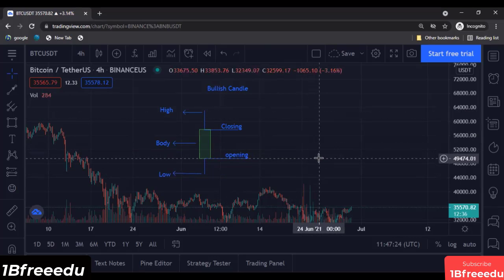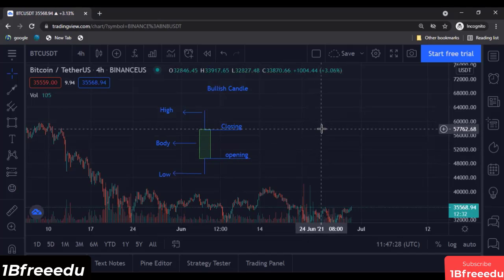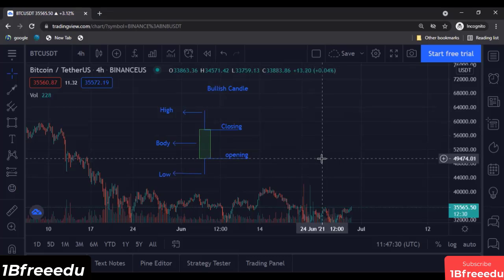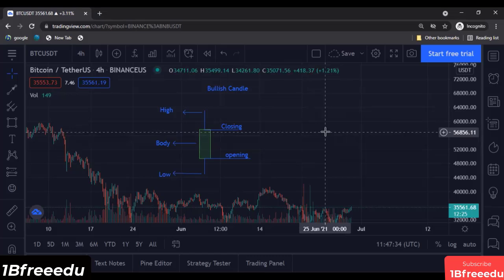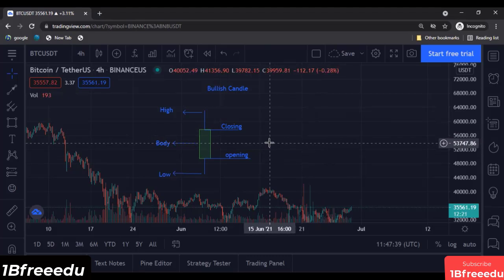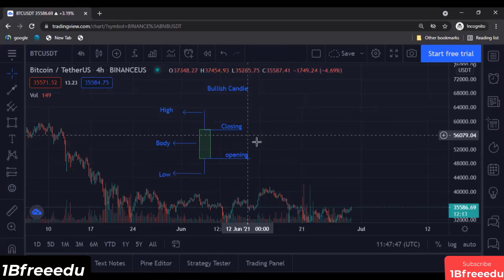However, what defines it as a bullish candle is that it has closed above the opening point. For example, it opened here around 49 or 50,000 and closed here around 57,000. So this defines the opening and closing, and this ultimately decides which type of candle this is. This means this is a bullish candle.